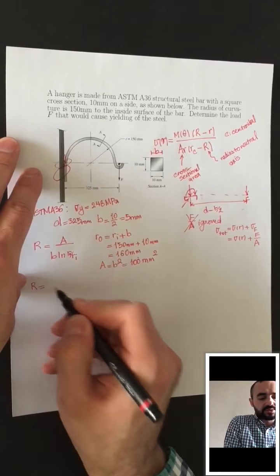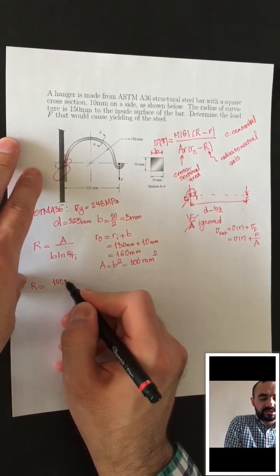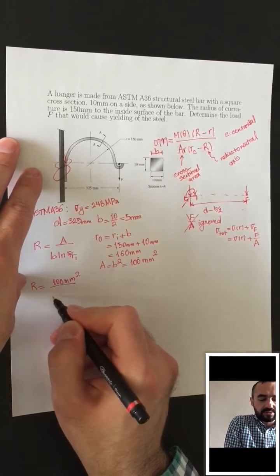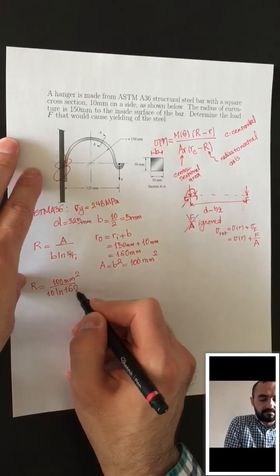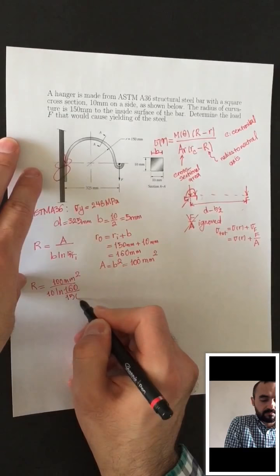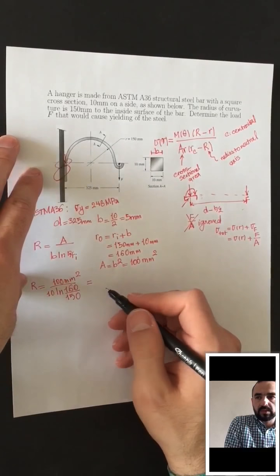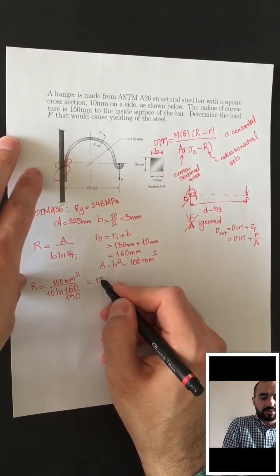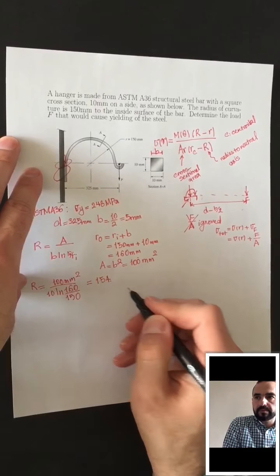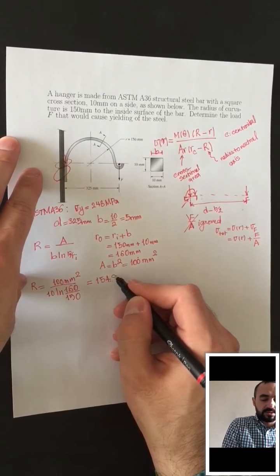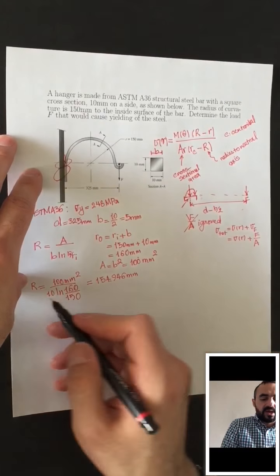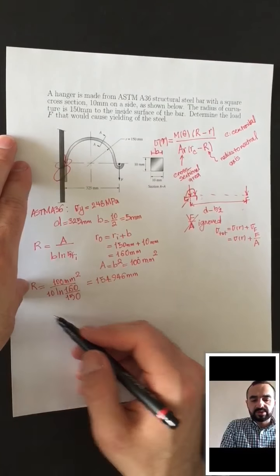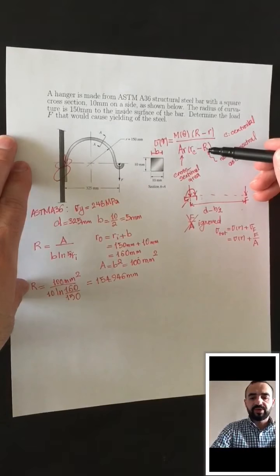So once you substitute those numbers into this relation, you can find R, which is going to be equal to 154.946.